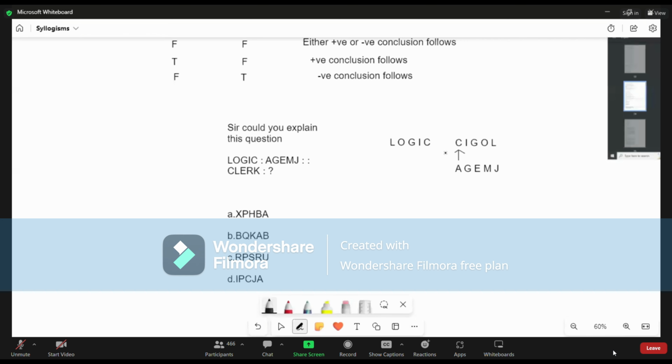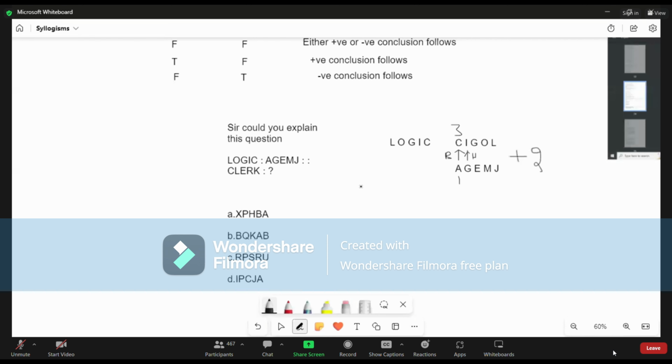There is B over here, and there is H between G, E, F, G, M, N, O. There is only one letter between them. That is, you are just doing a plus 2, where A is 1 and C is 3. So you are just doing a plus 2 for every term.